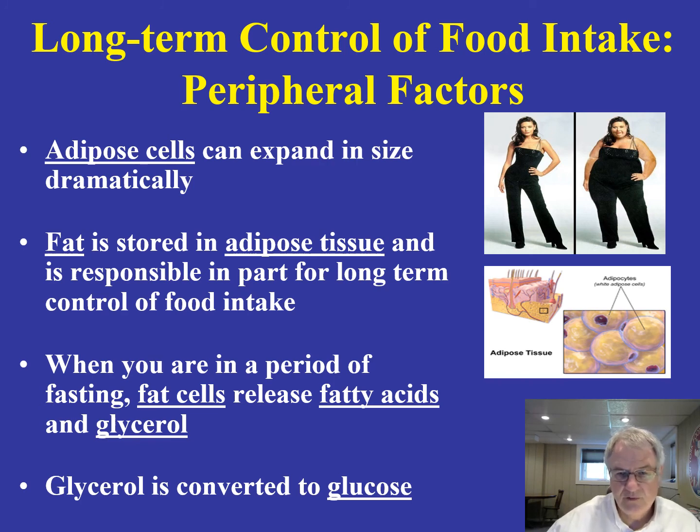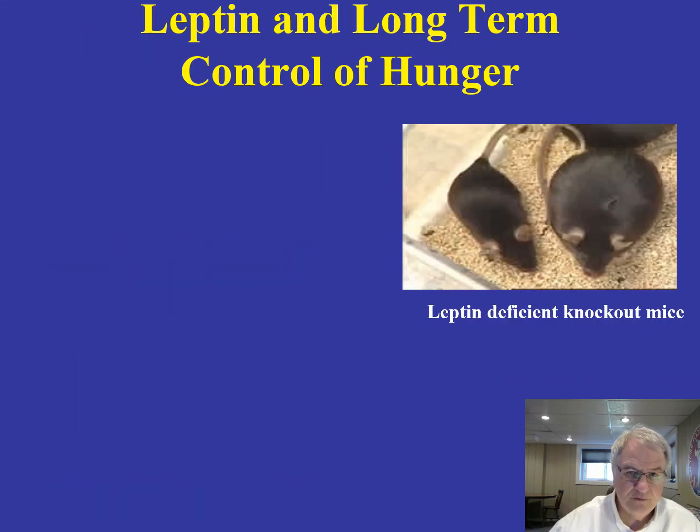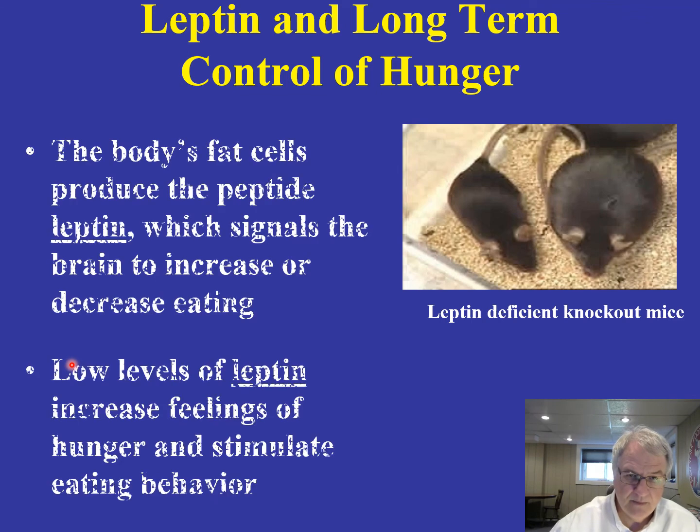So indeed, those adipose cells seem to be incredibly important peripheral factors. What we also know is that this hormone, which is called leptin, resides in our adipose cells. Again, that's where it's produced. That signals the brain to increase or decrease eating.